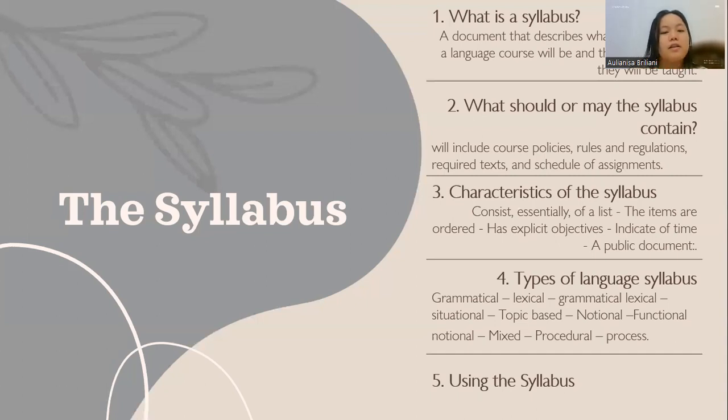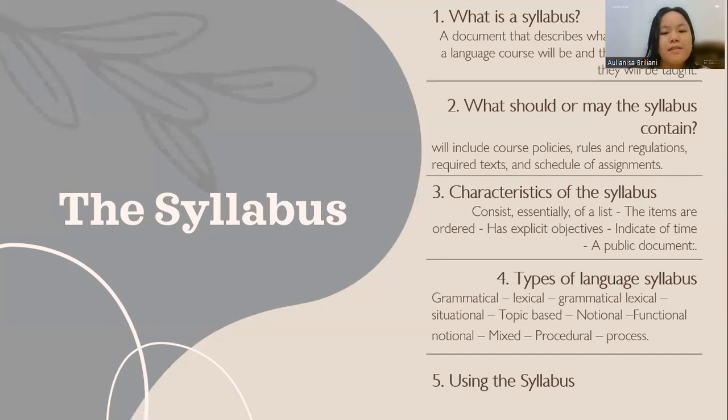Next, functional and notional. Functions are things you can do with language, as distinct from notions, things you can express. Examples are identifying, denying, and promising.